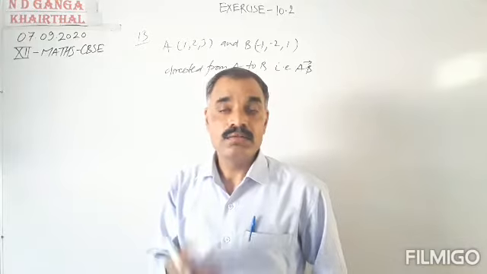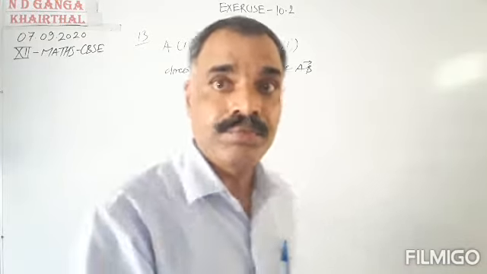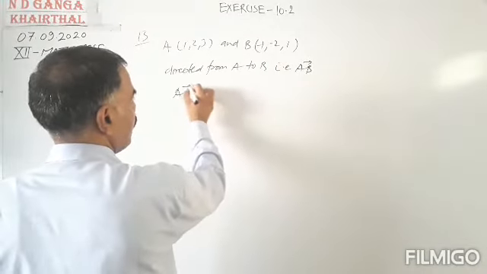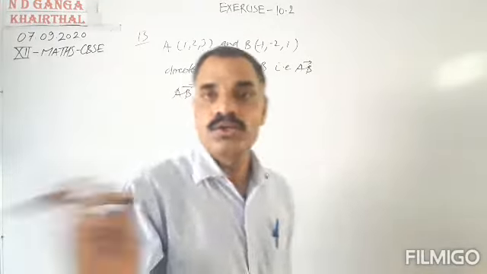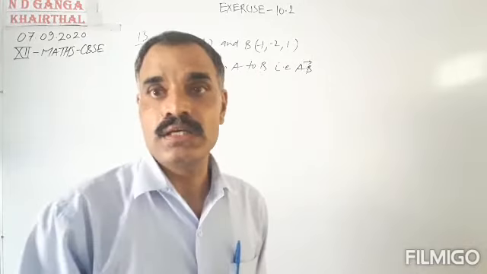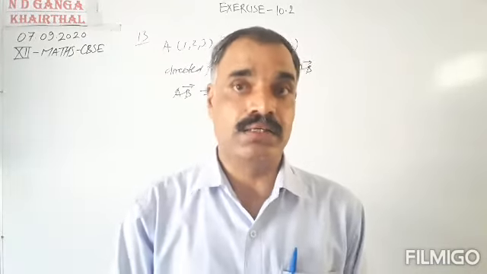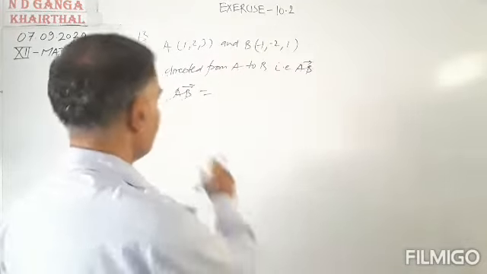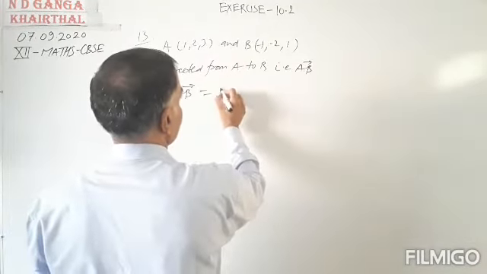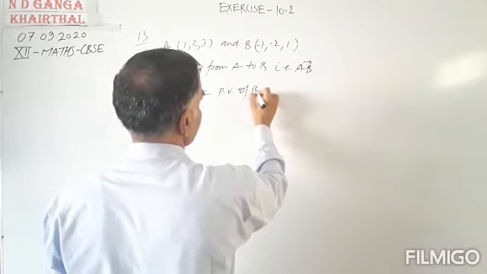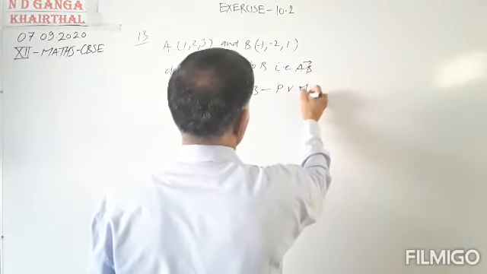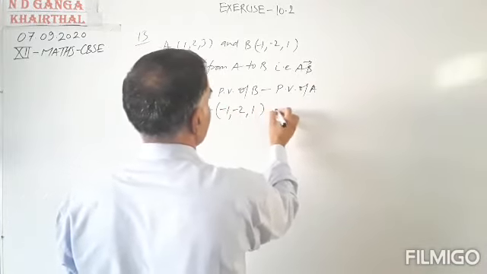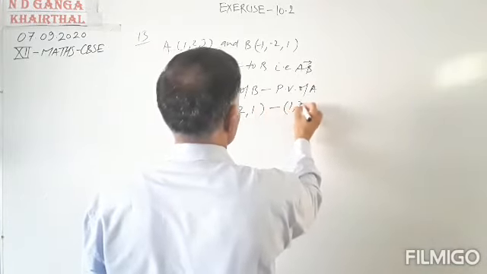The direction cosines of AB vector are the components of the unit AB vector. So we will find the unit AB vector and its scalar components are the direction cosines. AB vector is position vector of B minus position vector of A, that is (-1, -2, 1) minus (1, 2, 3).